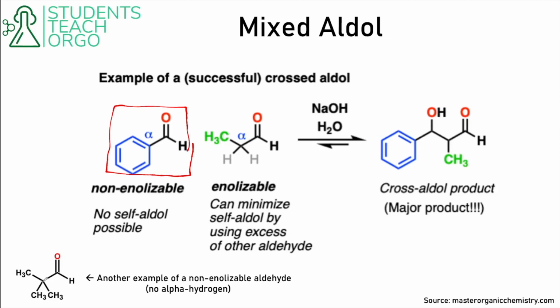Because this carbon is quaternary, it's not attached to any hydrogens, so we can't make an enolate out of this. Now there's special laboratory equipment that you can use to either slowly add in the enolizable aldehyde, or maybe you can just have that enolizable aldehyde at a really low concentration, but you can pretty much get just this cross product as a major product if one of your aldehydes is non-enolizable.